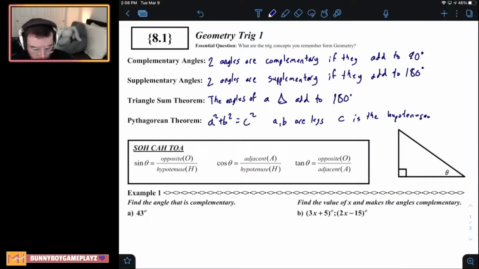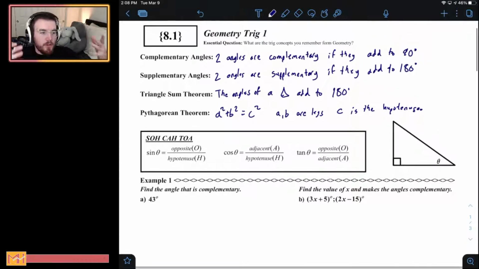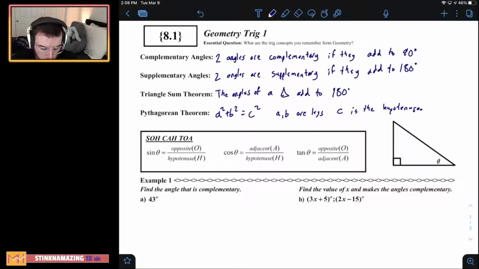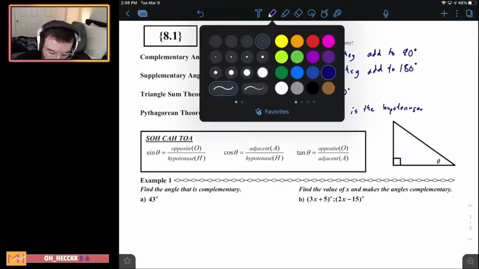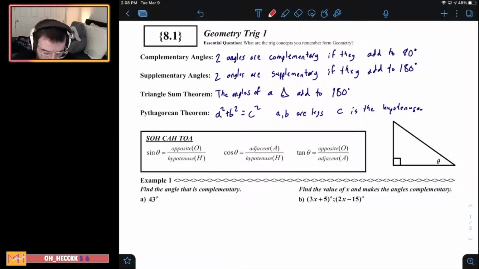So those are some facts that hopefully are reminders to you and not really something new. All four are covered in geometry.